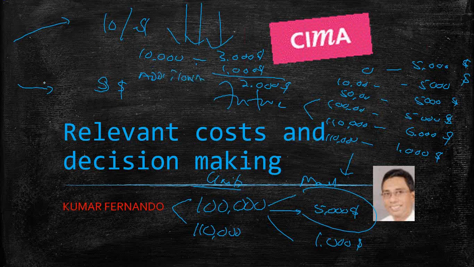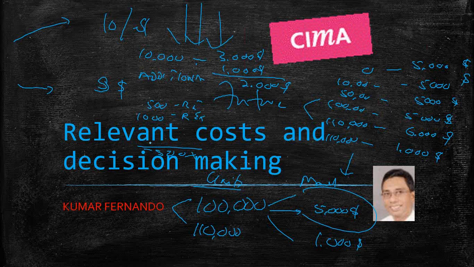But if Sam sells an extra 10,000 units, and I'm going to get a profit of only 500, and for Sam I have to pay 1,000, that's not good. Relevant income is only 500, relevant expenditure is 1,000. So that's going to end up with a minus 500, which is not good. So that is what relevant is all about.